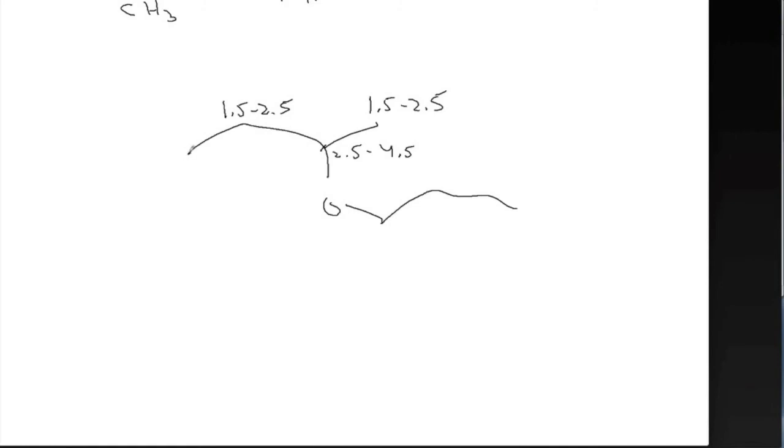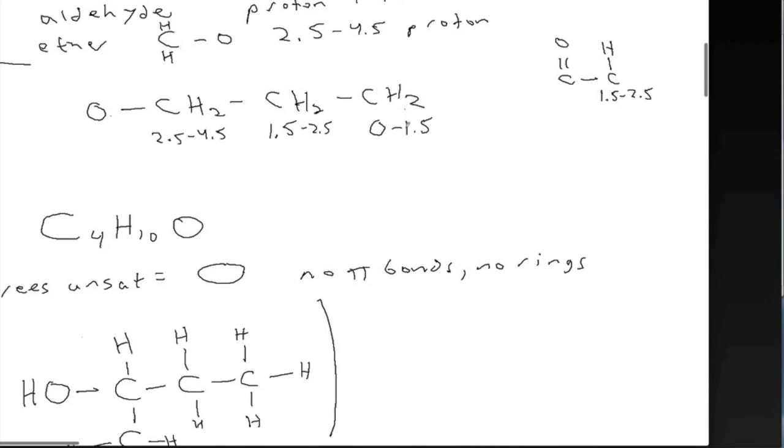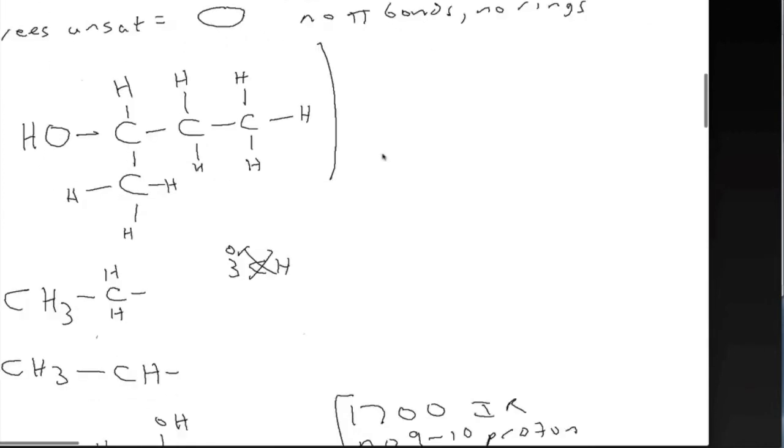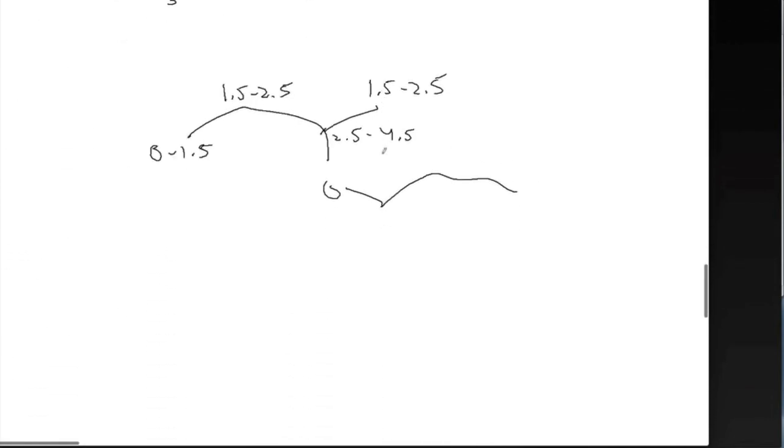Well, they're not exactly equivalent, but yeah, 0.9, or basically 0 to 1.5. They would be like these, right? So I just wanted to do a little exercise on identifying these three types of hydrogens: the ones that are closest to the electronegative element, a little bit further, and a little bit further. Because I think that's difficult for students oftentimes.